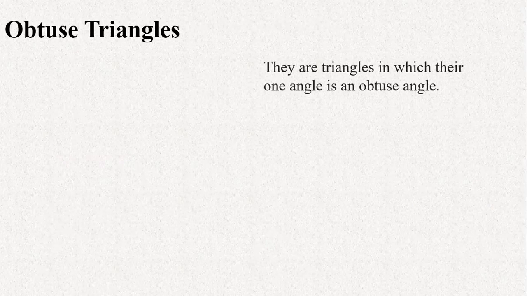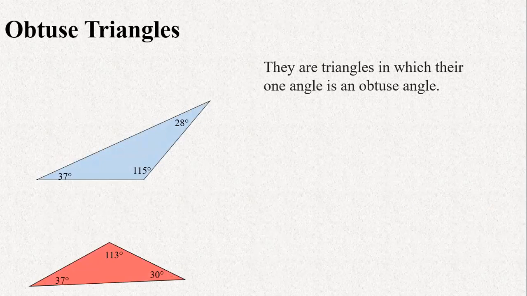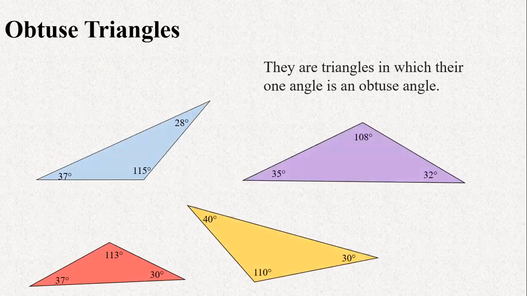They are triangles in which one angle is an obtuse angle. It is easy, right? And here there are some examples. We see that one angle of these triangles is an obtuse angle, right? Like 115, 113 and 110, etc.